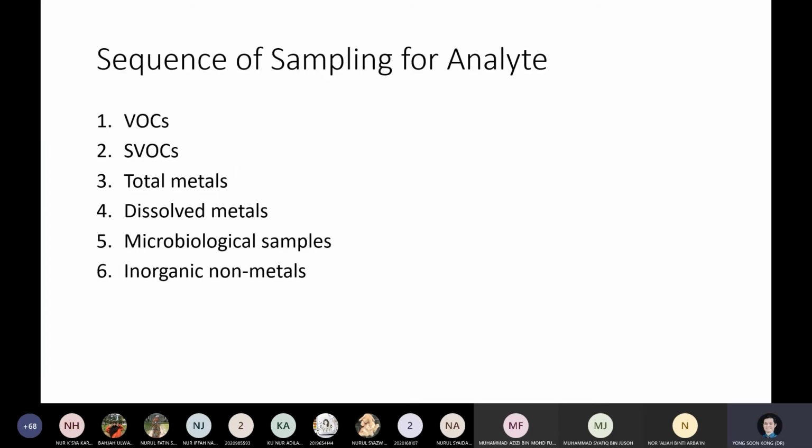Okay, by the way, not much description on this slide, but do you know the general idea? The general principle, why do they have such a sequence? Anybody can answer why we want to sample VOC and SVOC first and not the others? Why?